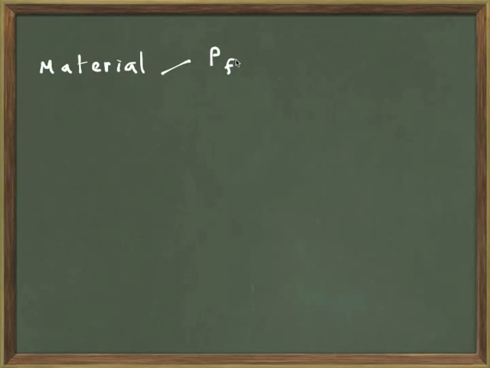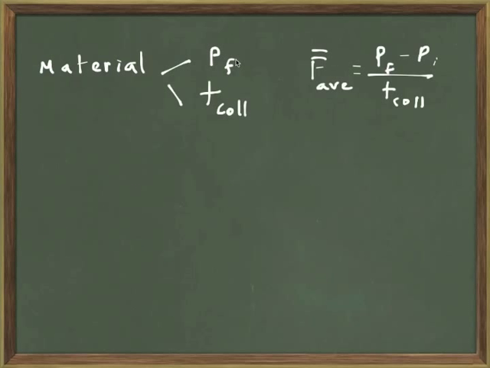So the material is going to influence the final momentum. We just saw that. And that, of course, is going to have an effect on the average force. But the material is also going to influence the collision time. Because a very squishy ball is going to have a longer collision time than a ball that is hard, right?